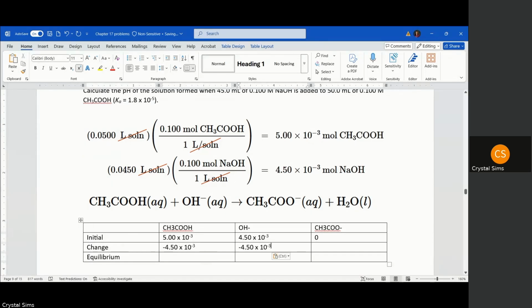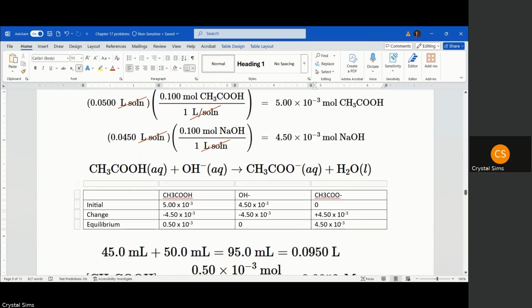And then we add it over here on this side because this is our product side. So we're left with 0.50 times 10 to the negative 3 moles of acetic acid, 0 moles of the hydroxide ion, and 4.50 times 10 to the negative 3 moles of acetate ions.